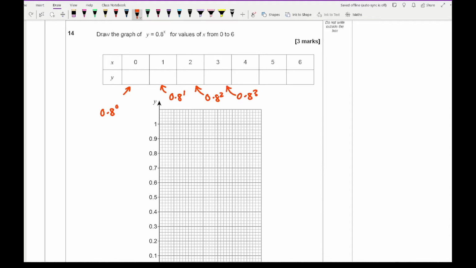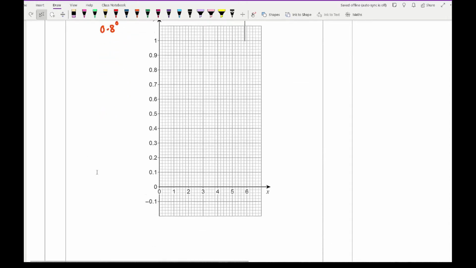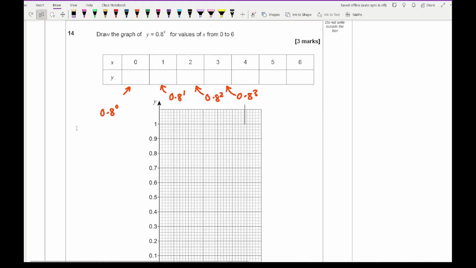Now, looking at the scale of what we're going to have to actually do, because obviously you're going to have to plot it, I would say give your answers to 1 decimal place. So here, substituting it all into my calculator, I get 1, 0.8, 0.64, 0.51, 0.41. Now I'm going into a little bit of detail with regards to that extra decimal place, but it's just going to make it easier for me to round.